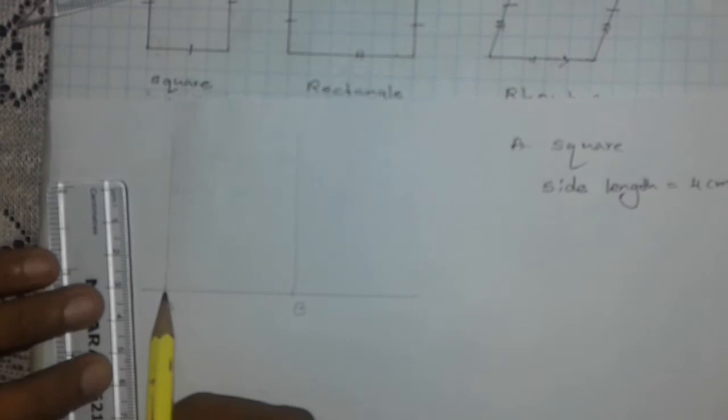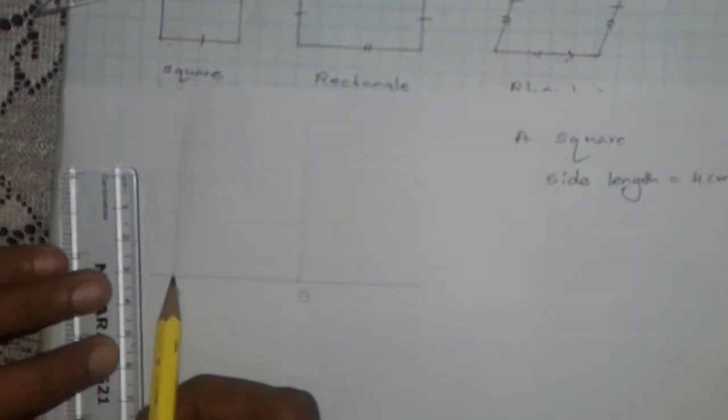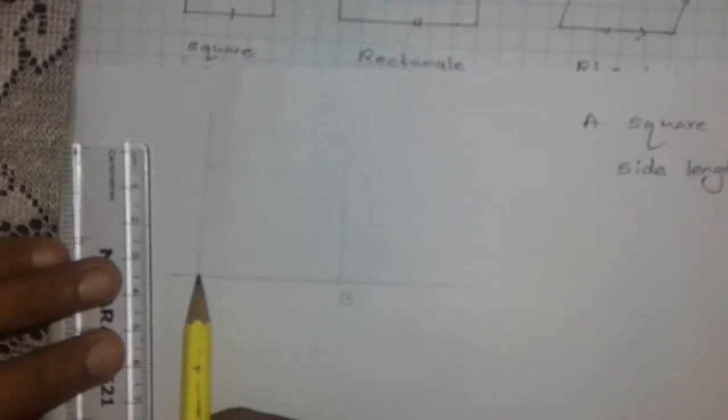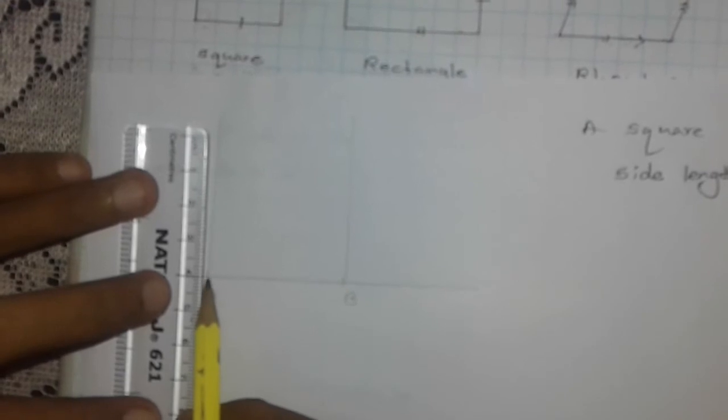here from the point A, you have to measure another 4 centimeter. Why? Because the side length of this square is 4 centimeter. So that's why I am going to measure another 4 centimeter at the point A along this line. 4 centimeter here.